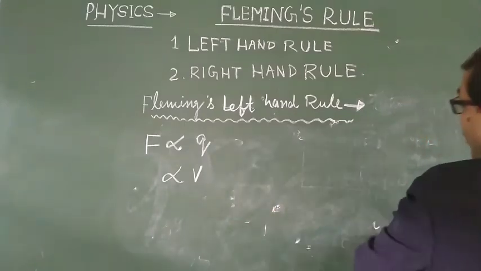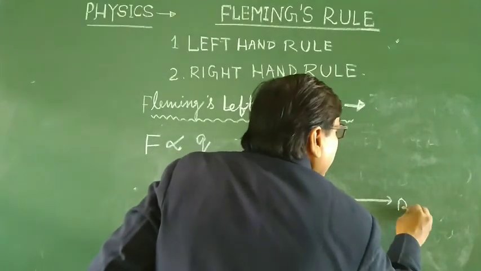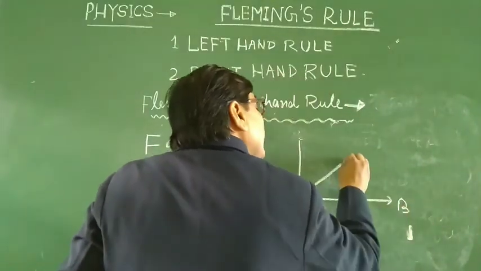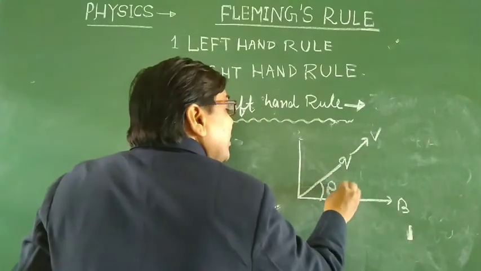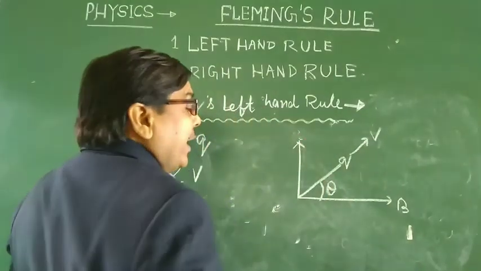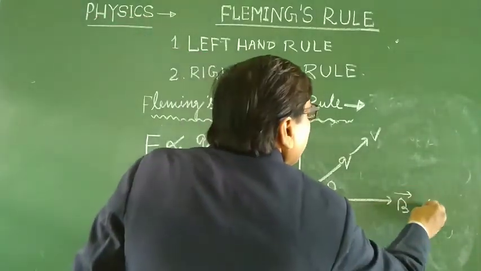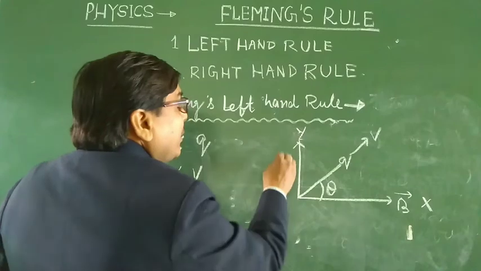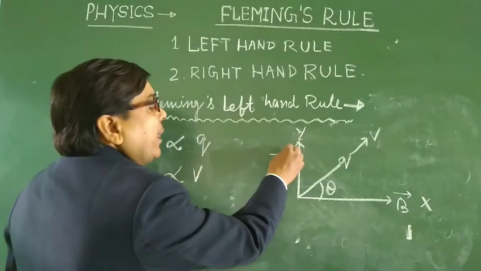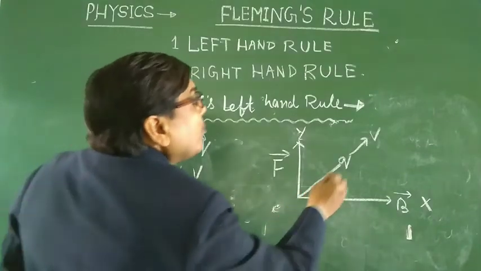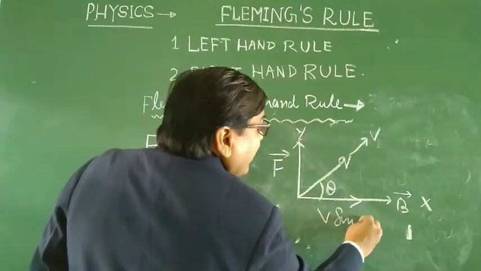Supposing this is the magnetic field and this is the charge in motion moving at an angle to the x-axis field, then this direction represents the force.